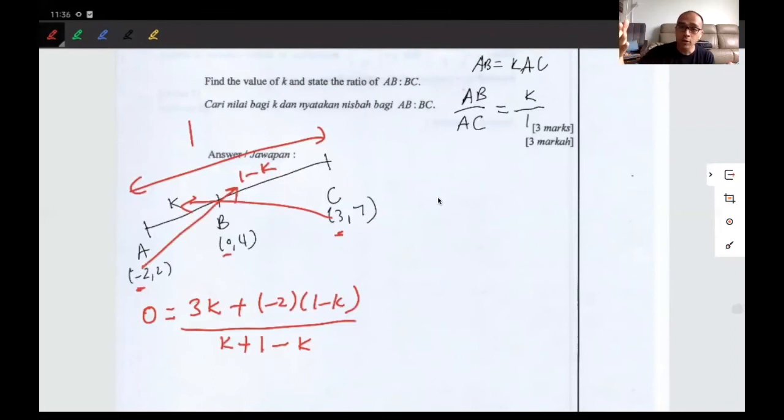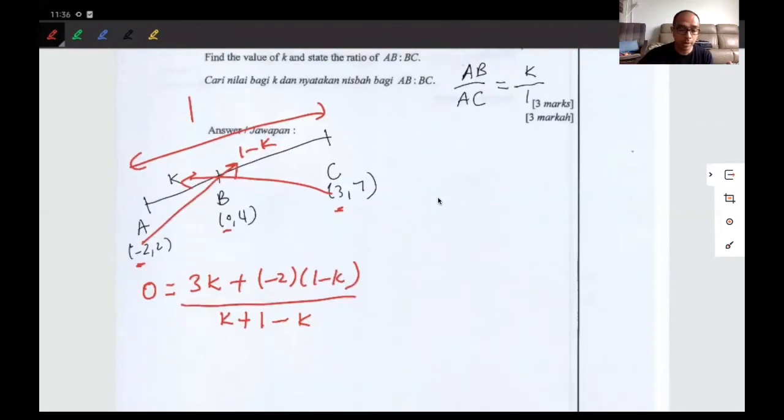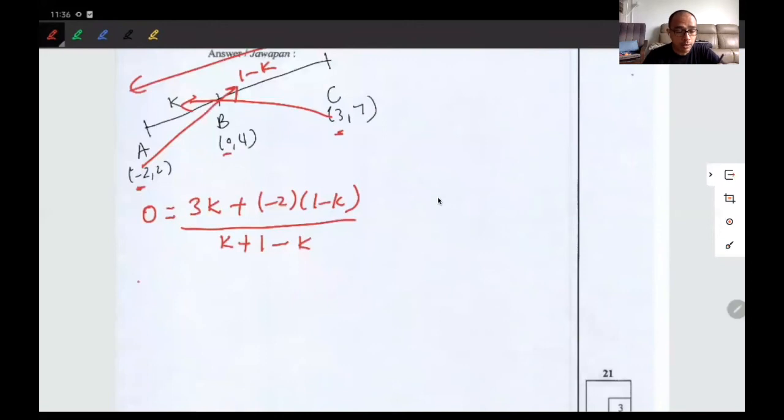If you don't remember the formula, look at the formula, but I'm just going to go ahead from here. So we will get 0 equals this one will give me 3K minus 2 plus 2K over 1.